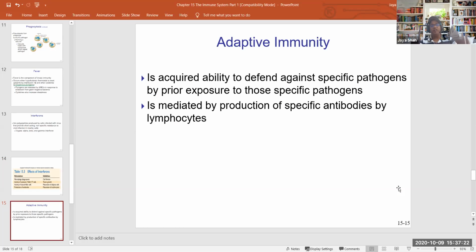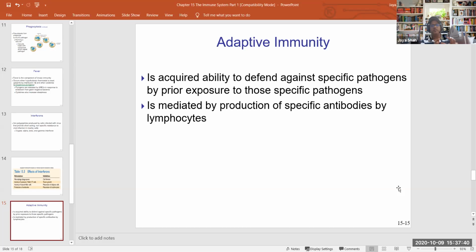Okay, so we are done with the non-specific or innate immunity. Innate immunity is, again, a physical barrier and the immune cells inside your tissue or in your blood.